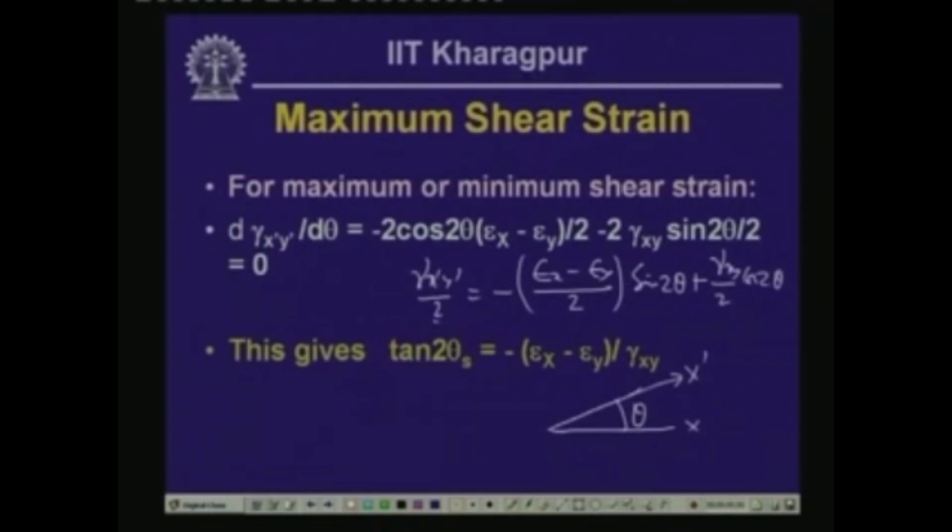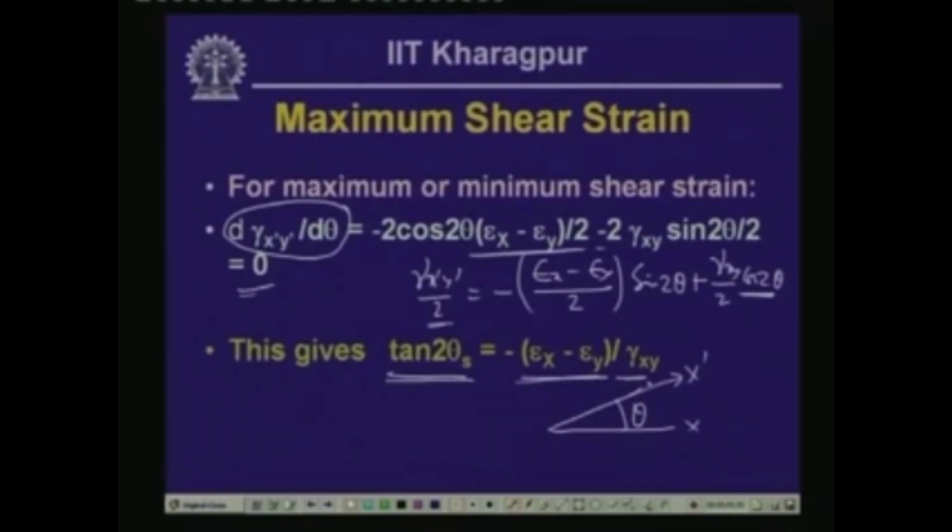We take the derivative of this with respect to θ, and eventually this gives us (εx − εy)/2 times minus 2 cos 2θ minus 2γxy sin 2θ/2. If we set dγ/dθ equal to 0, then we get the value of tan 2θ again from this expression, which is equal to (εx − εy)/γxy.